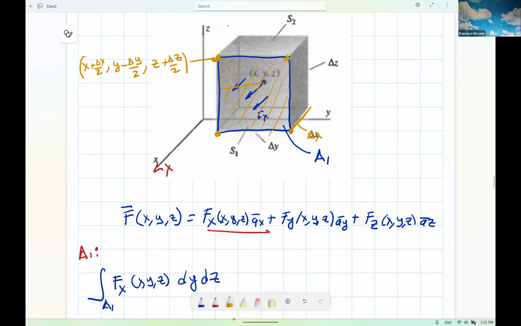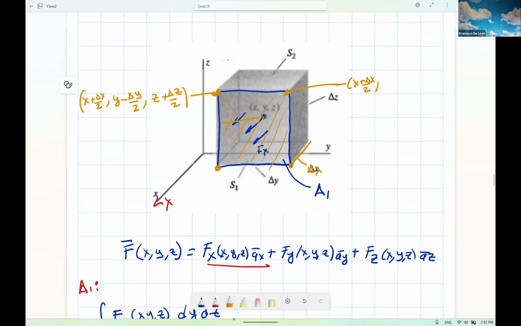The coordinate of this point will be very similar. The only thing that changes is the y. So it will be x plus delta x by 2, comma, the y is different because it now is not negative, now it's positive. It will be y plus delta y by 2, and the other remains the same, which will be z plus delta z by 2.